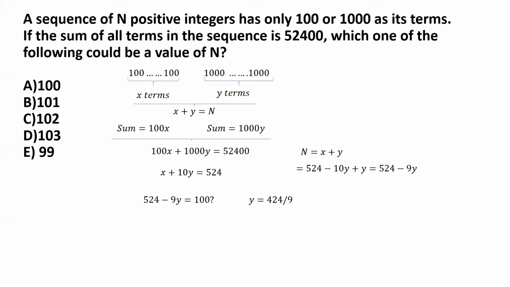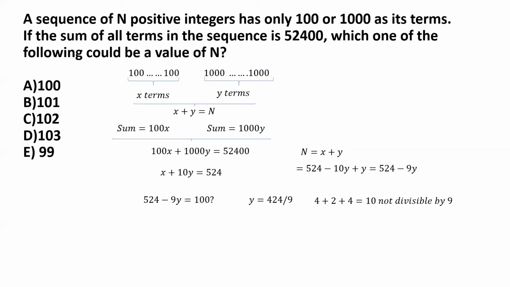Now I can do this without performing the actual division, if I remember the divisibility criterion for 9. It states that the sum of the digits of the number has to be divisible by 9 for the number itself to be divisible by 9. So if I add 4 plus 2 plus 4, that makes 10, and clearly 10 is not divisible by 9.